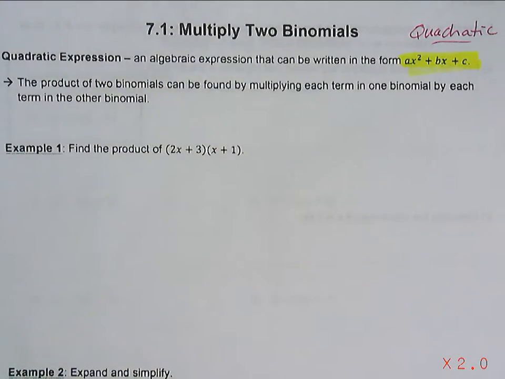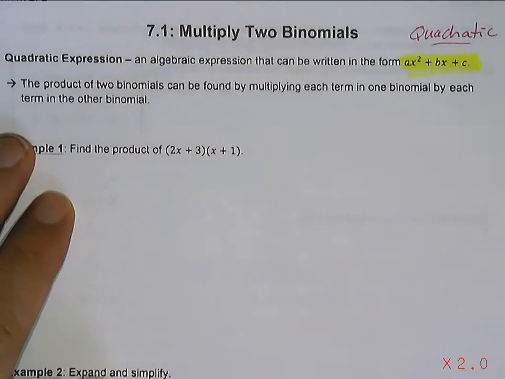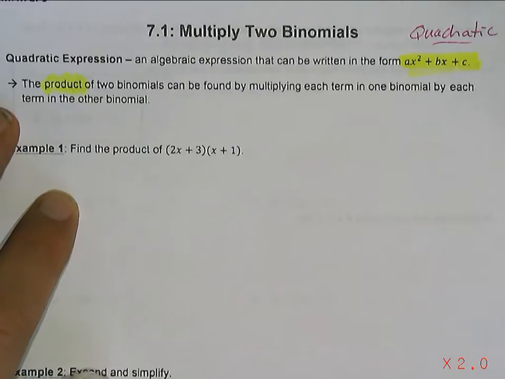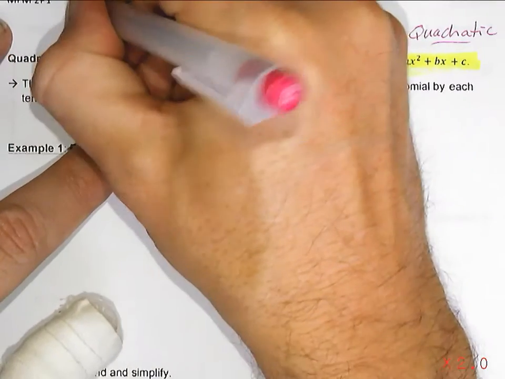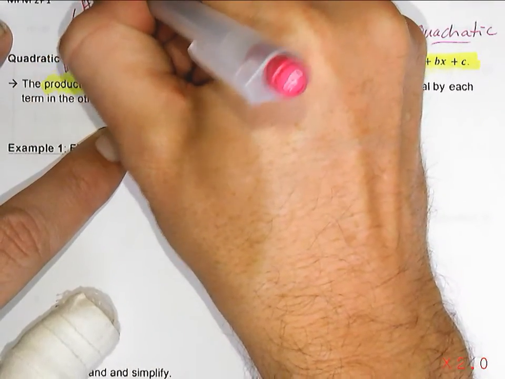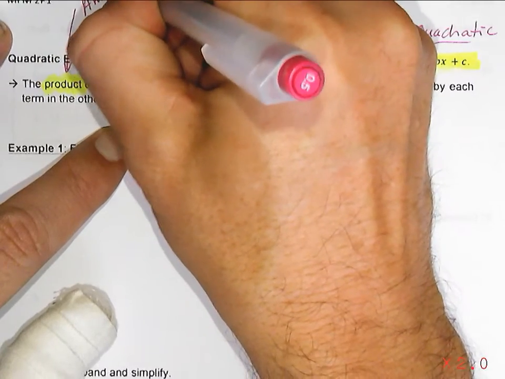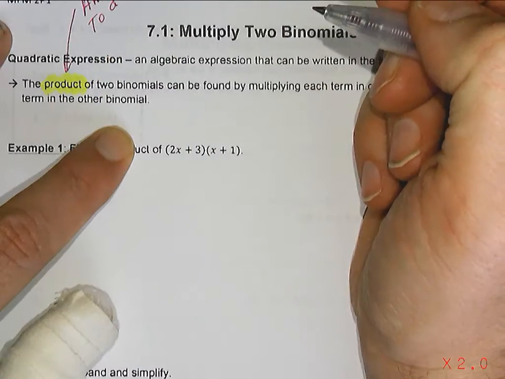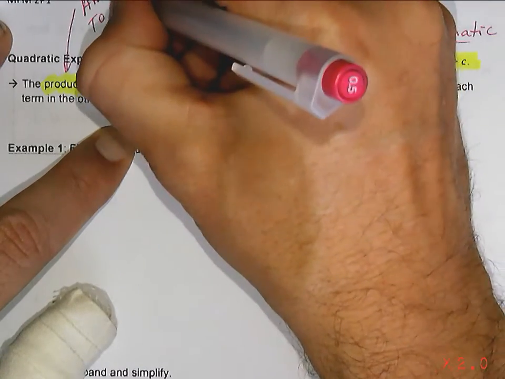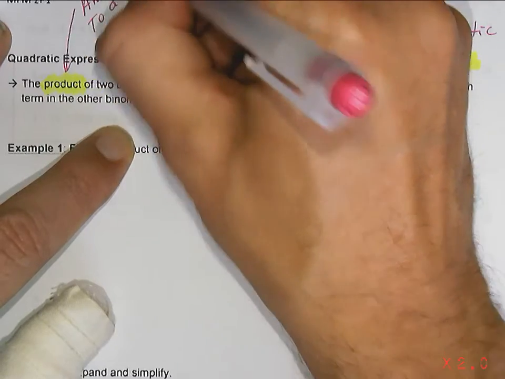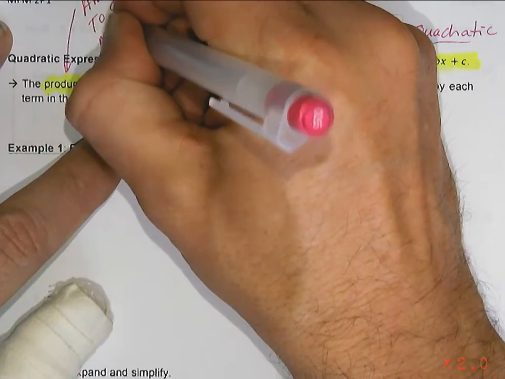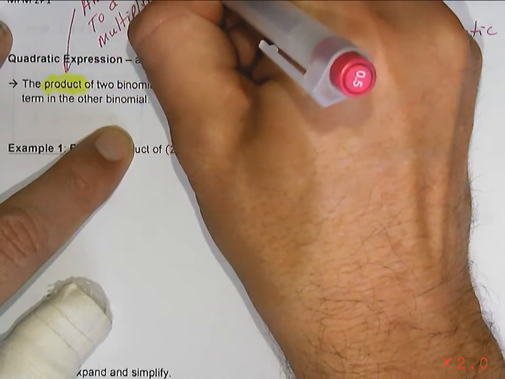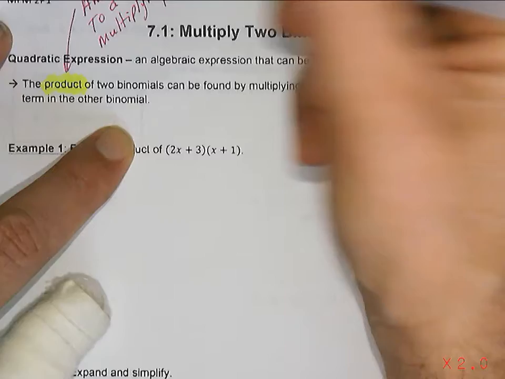So, the product of two binomials. Now, the word product is a special word in mathematics, and it means the answer to a multiplication question. It's an answer to a multiplying question, not a multiple question.